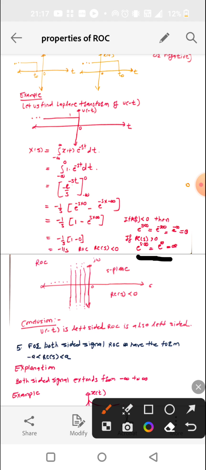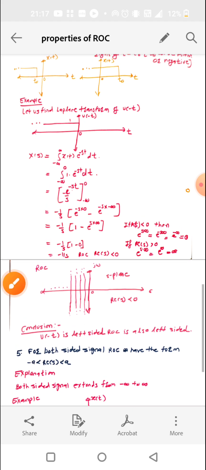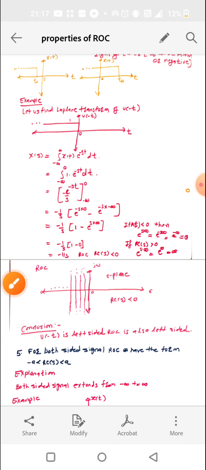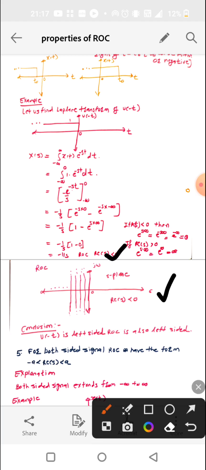I have not written it because multiplying 1 into infinity is infinity only. So ROC is real s less than 0. Now ROC is plotted on the S-plane, where on the x-axis there is sigma, on the y-axis there is j omega. Real s greater than 0 means sigma is greater than 0, sigma equal to 0 is the j omega axis, and sigma less than 0 means these lines.